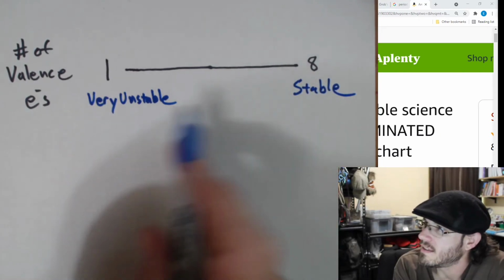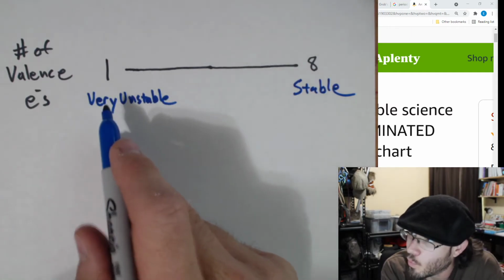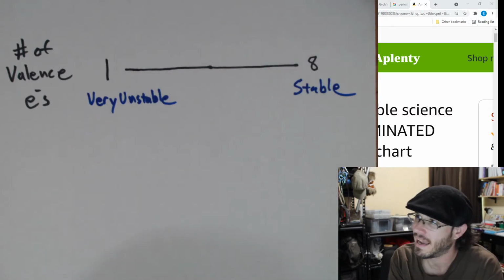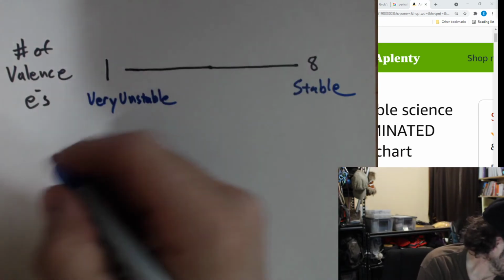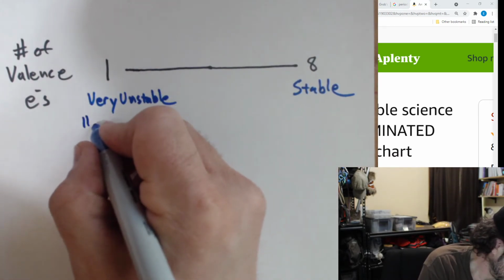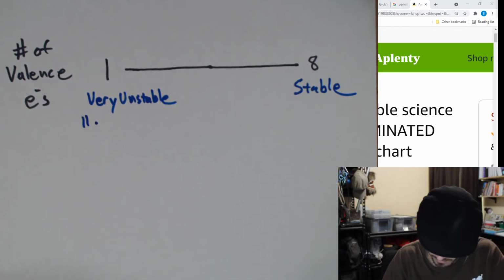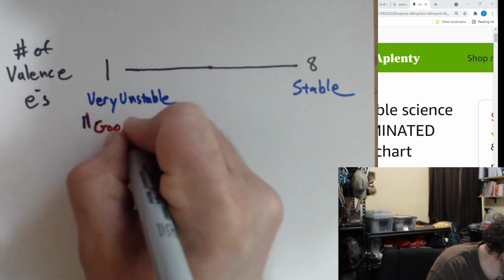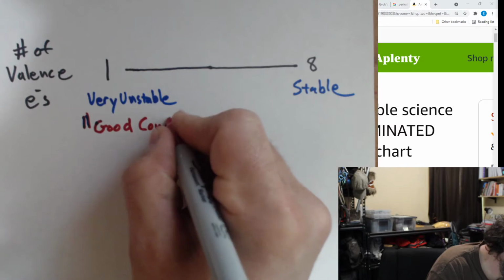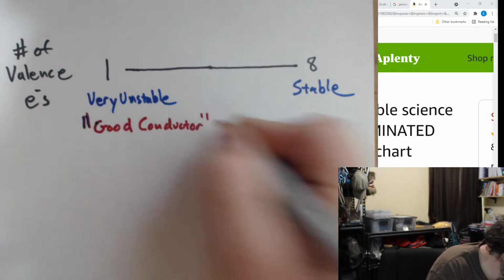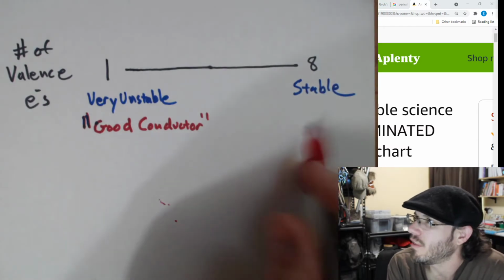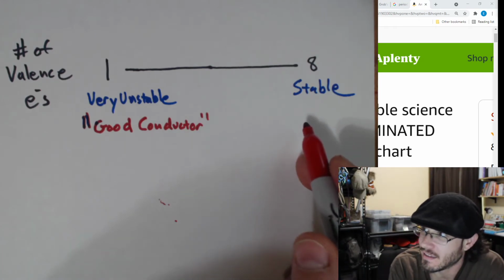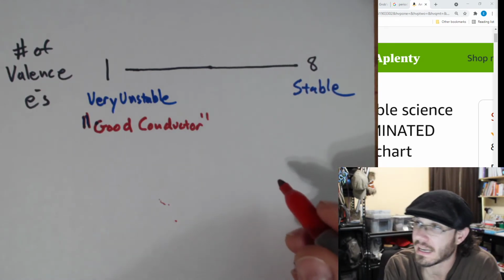The result of this is that the very unstable one, where we can take away an electron and give it another electron, and keep passing the electron back and forth, is conductive. And the one that is very stable, where I can't easily give it an electron or take away one of these valence electrons, is a very poor conductor. It's an insulator.